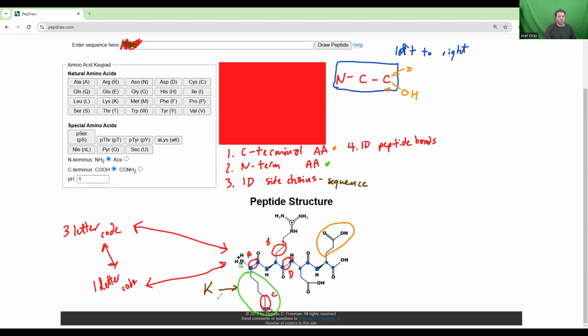Whenever I think about my positively charged residues, I've got my histidine ring. I'll write these out. And notice how I'm just saying positive or negative, not polar positive or polar negative, because there's not a non-polar positive or anything like that. Okay, so positive: H for HIS, that's a ring.